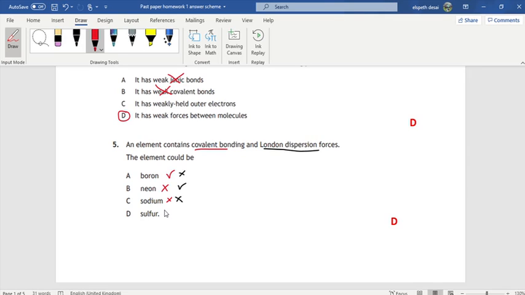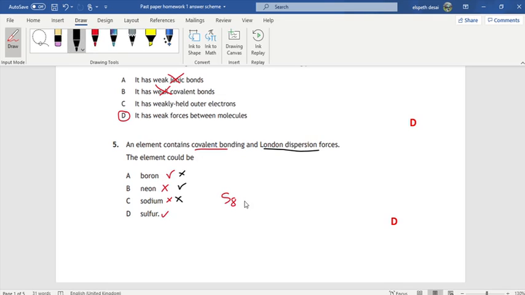So just to confirm, think about what the bonding and structure is in sulfur. Okay, so you should remember that sulfur exists as molecules which have the formula S8, so there's a ring of sulfur atoms all connected by covalent bonds, so it does have covalent bonds, and that forms S8 molecules.